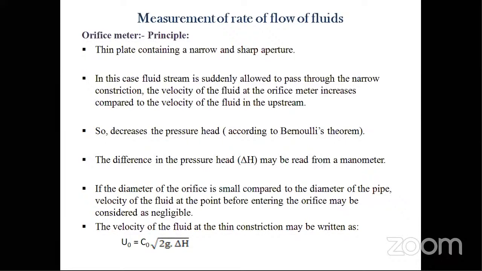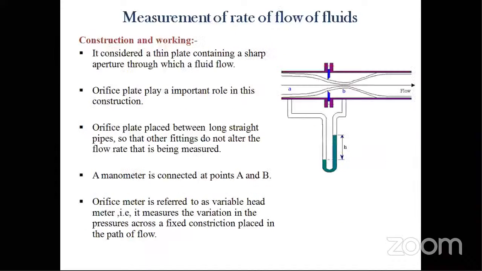U0 equals C0 root over 2g delta h. U0 means the velocity of fluid at the point of the orifice meter per second. C0 is a constant, basically for the vena contracta portion, meaning when the fluid is coming into that portion, the velocity is somehow zero, and after that the velocity increases.